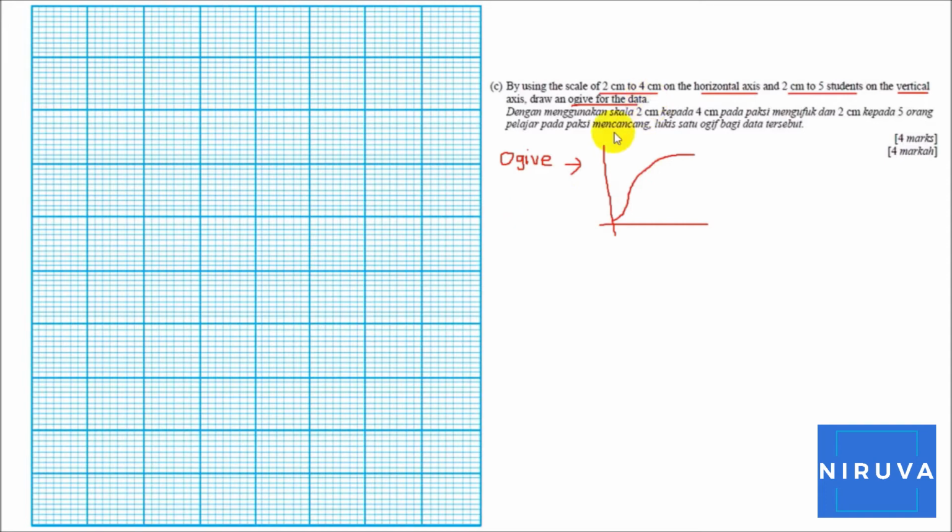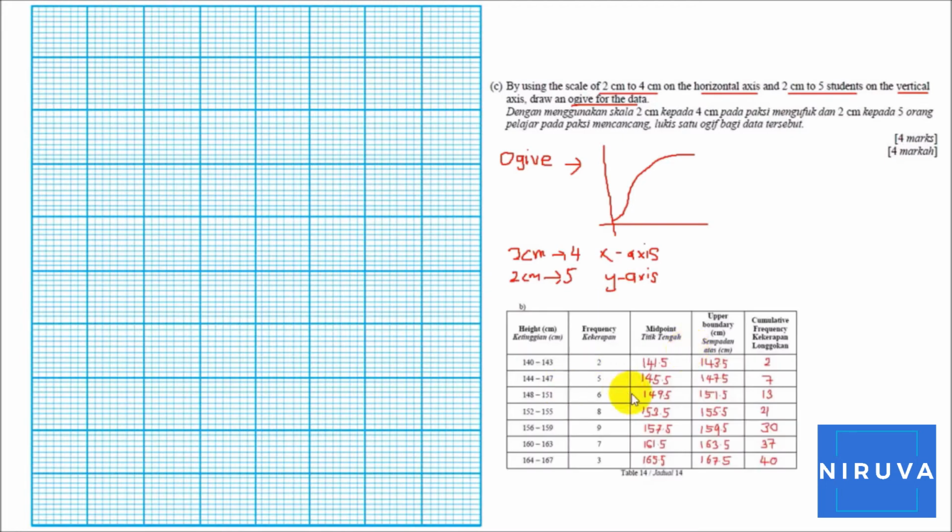So first, write down 2 cm to 4 cm on the horizontal axis, which is the x-axis, and 2 cm to 5 on the vertical axis or y-axis.